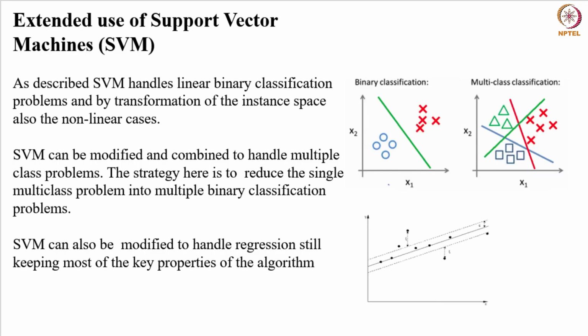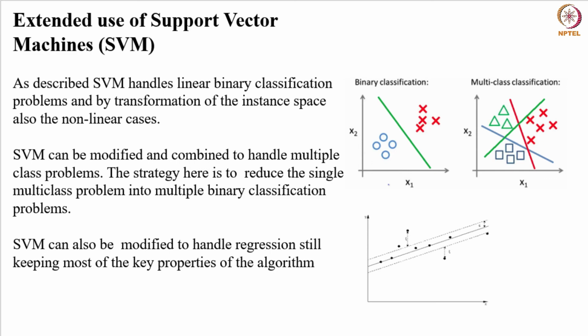Apart from extending the use of support vector machines from the linear case to the nonlinear case, which we have now discussed extensively, it's also interesting to see how it can be extended to other classification scenarios. One natural case is to see whether we can extend this technology from binary classification to multiple class problems.